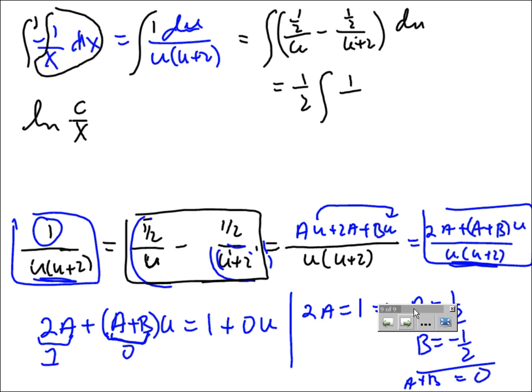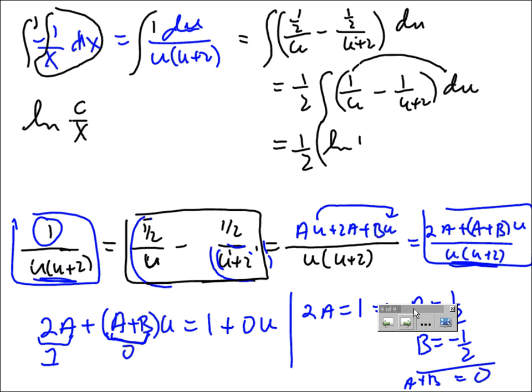So I get the half times 1 over u minus 1 over u plus 2 du. Now the integral of 1 over u du is ln of u, minus the integral of 1 over u plus 2 du, which is ln of u plus 2.